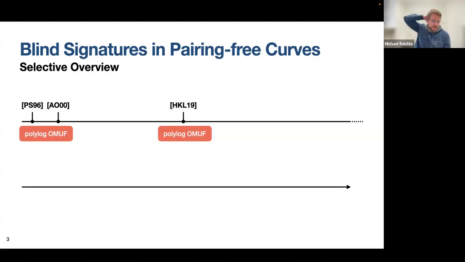Initially, the first schemes that were provably secure were from Pointcheval and Stern. This is a Schnorr-like blind signature scheme that is provably secure in the sense that it has polylog one more unforgeability. Polylog means that at most polylog many concurrent sessions can be opened, and then the scheme remains one more unforgeable.